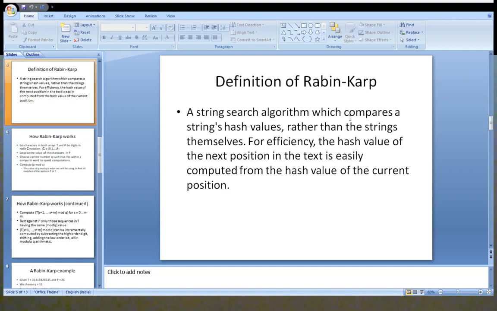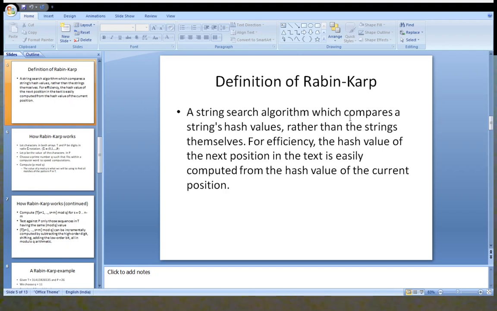In this technique, we do not match the string one by one position. Instead, we take a random number and find the hash value corresponding to the pattern, and similarly we find the hash value for the text strings.